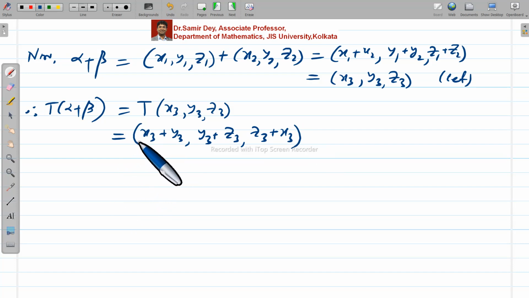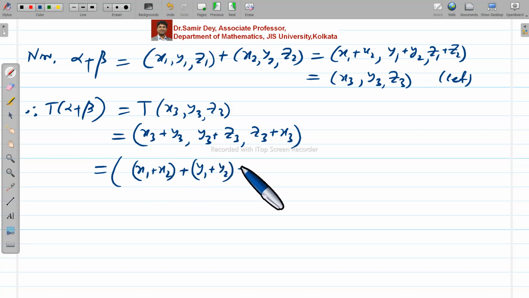Okay, so now we need to substitute the values of x3, y3, z3 from here. So from here we may write x1 plus x2 plus y1 plus y2 plus z1 plus z2. Okay.